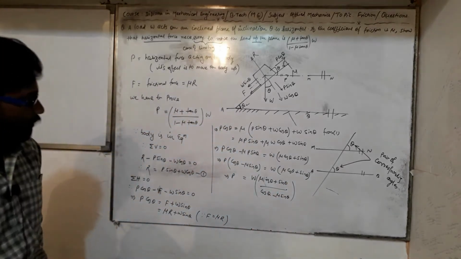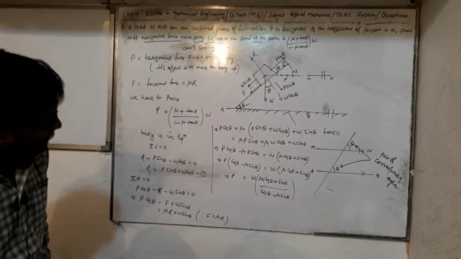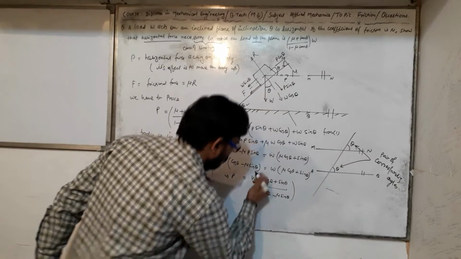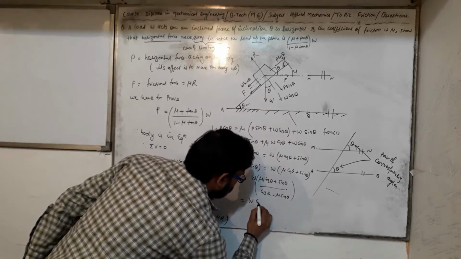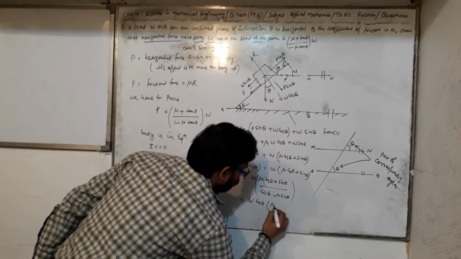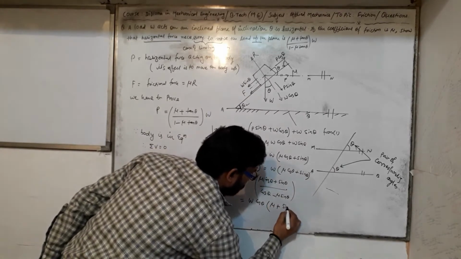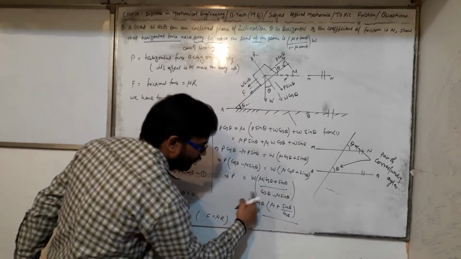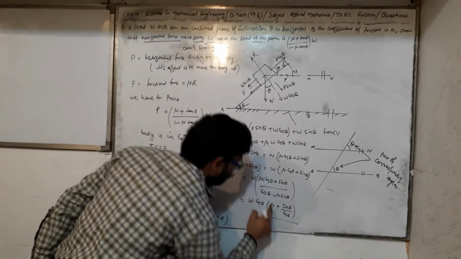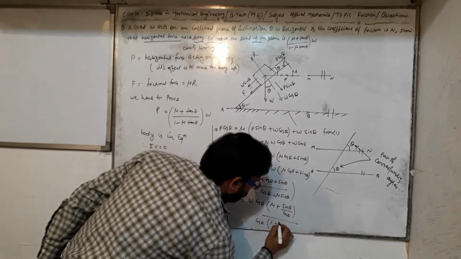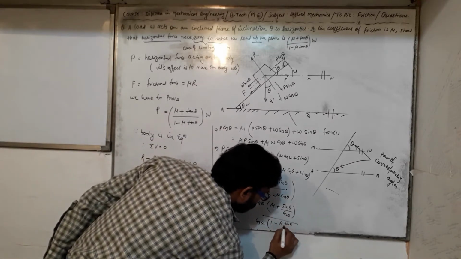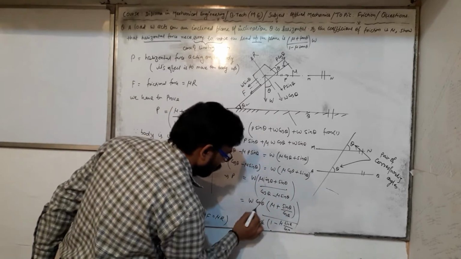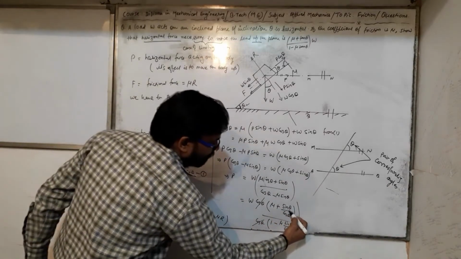See, what am I going to do here? Cos theta is common in the numerator and denominator. So we can say W times cos theta, here mu plus sin theta upon cos theta, whole divided by, from the denominator also taking cos theta common, 1 minus mu times sin theta upon cos theta. So this cos theta got cancelled. Sin theta upon cos theta is tan theta.